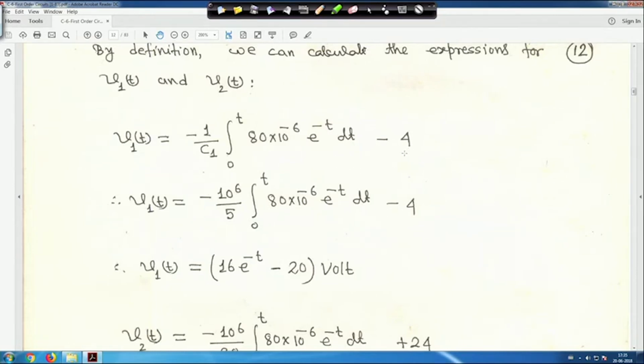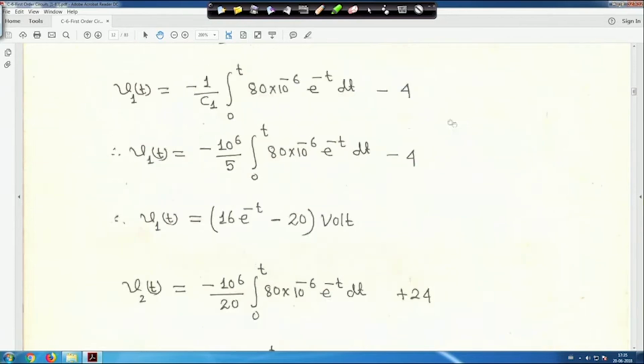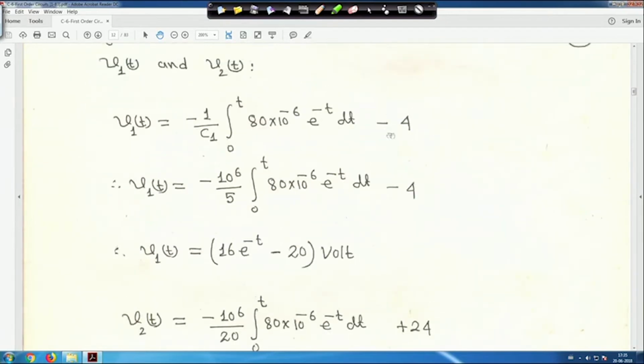This is a problem for you, try to understand why. Instead of plus 4, here it is minus 4. If you can't do it, we will answer in the forum, do not worry, but first you think.